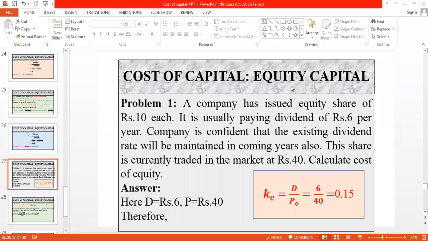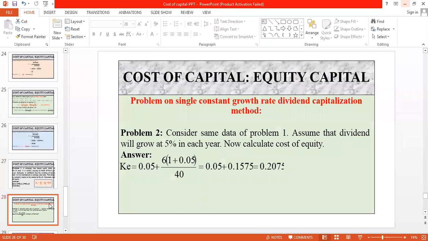Okay, we are again starting our third lecture on cost of equity capital. Already we have developed the formula for constant dividend payment, which was D by P0. Also, we have developed a formula when the dividend is growing at a constant rate.